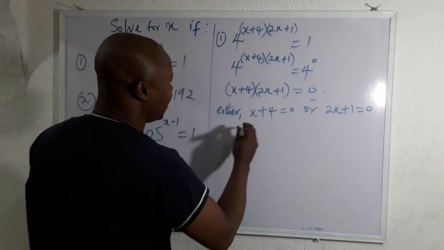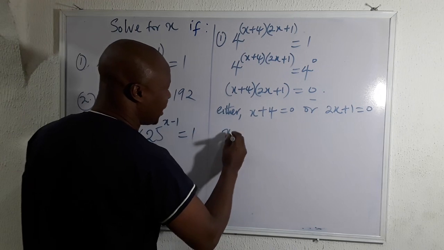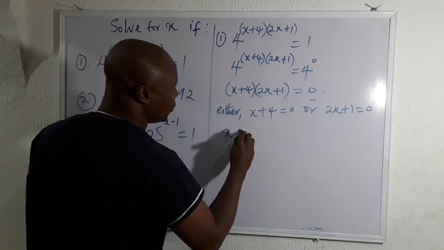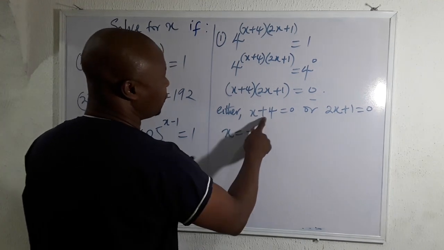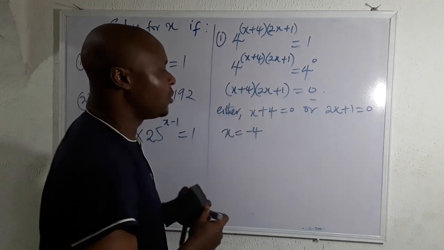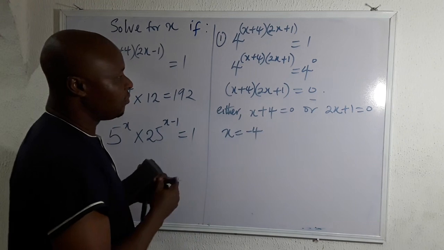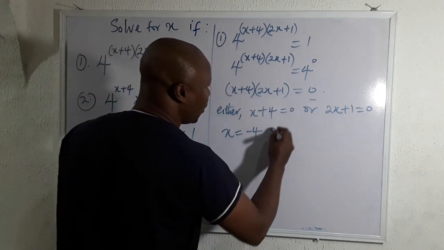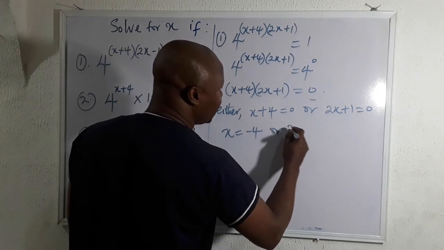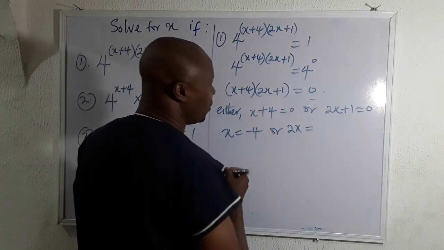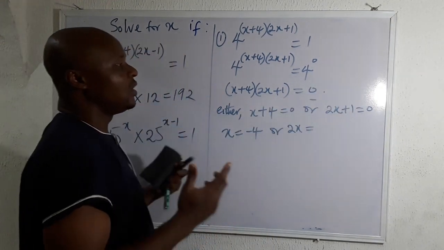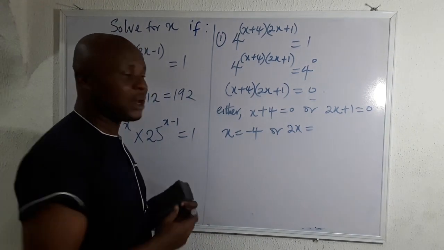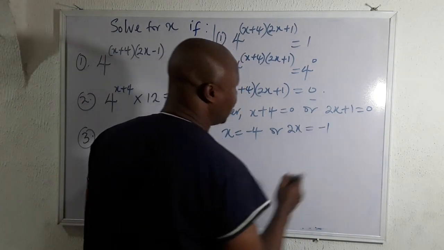That would mean for the very first case that x will be equal to minus 4, because when plus 4 crosses the equality sign to the other side, it becomes minus 4. Or this other case is 2x is equal to, we move the constant plus 1 to the right hand side of the equation, it becomes minus 1.